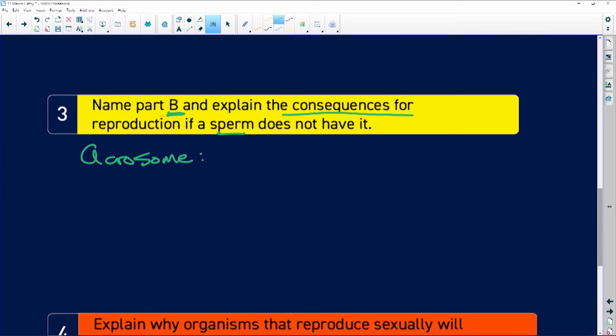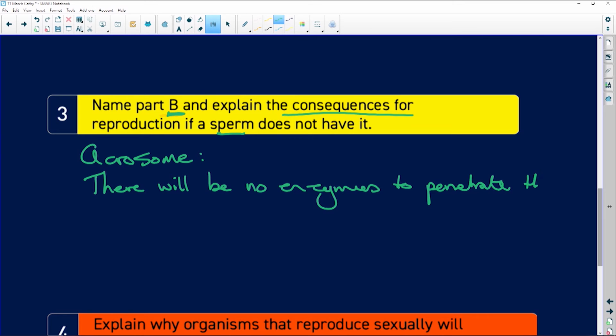If it isn't there, there will be no enzymes. And if there are no enzymes, why? To penetrate the ovum. Therefore, there will be no fertilization. Because if that head of that sperm cell can't get into the egg cell, guess what? No fertilization will take place.